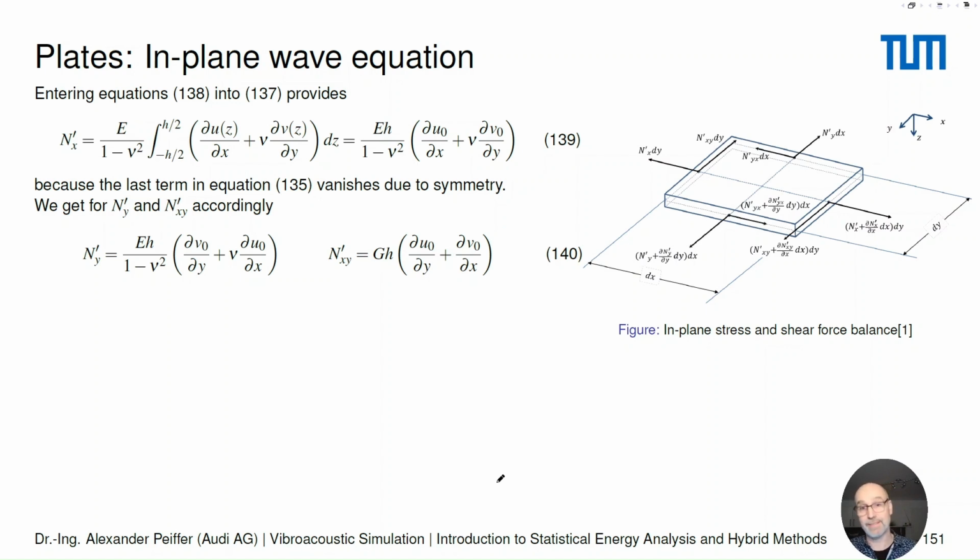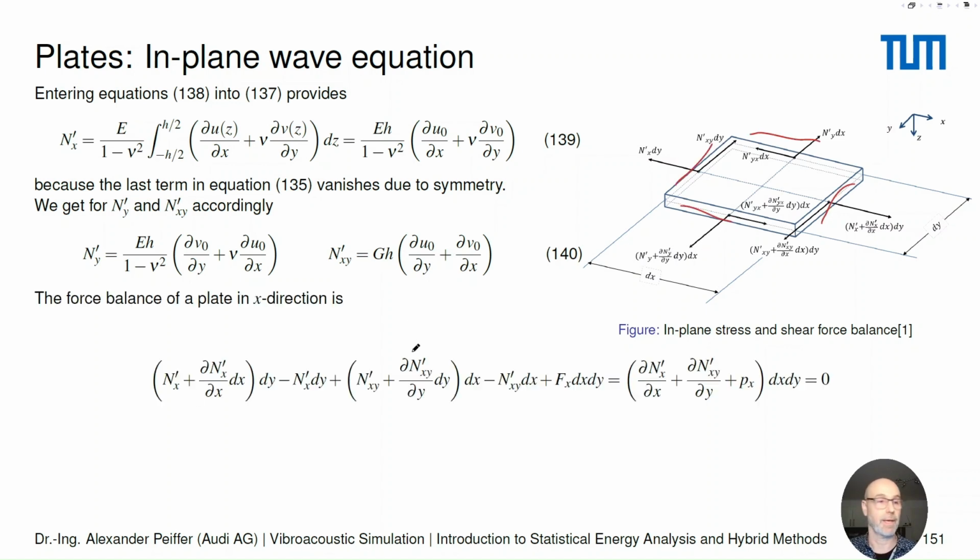Good. So we have now collected all forces per length in our plate element, which are denoted here by the given vectors. We use an example and create the force balance in x direction, which is this one here as denoted.